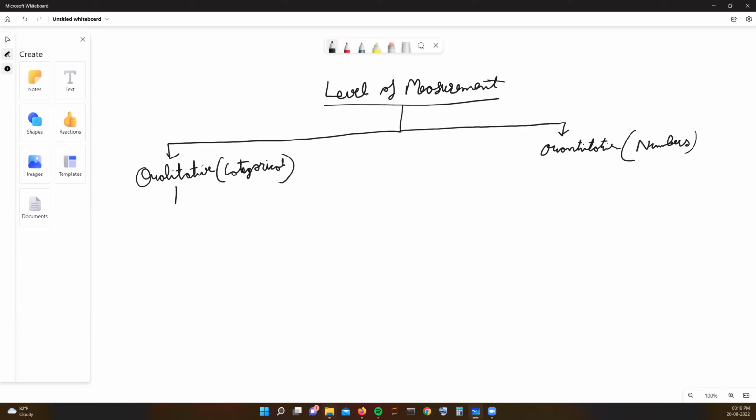In qualitative, we can further divide it into nominal and ordinal that we discussed in our last session. Nominal and ordinal, and the quantitative can be further subcategorized into interval, or into ratio.